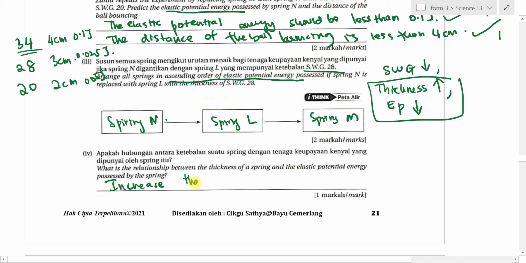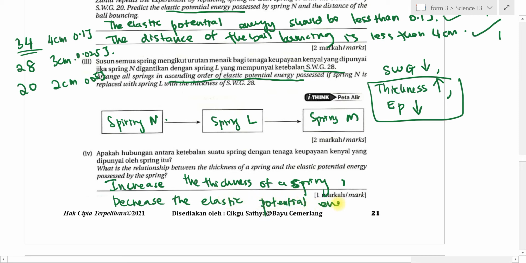Increase the thickness of a spring, decrease the elastic potential energy possessed by the spring.